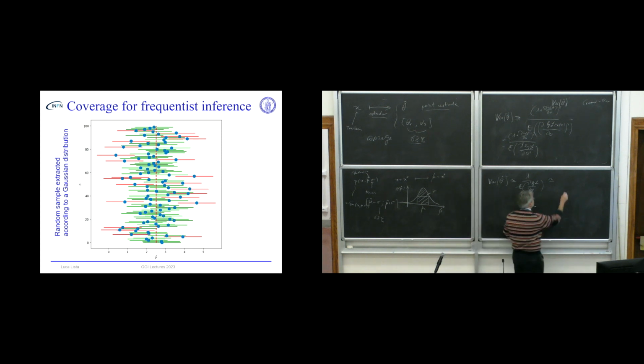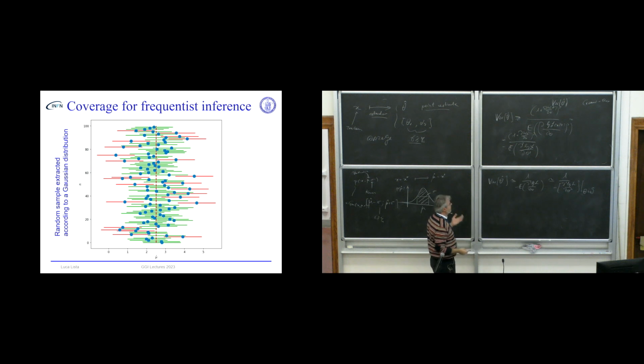So it's 1 over minus the second derivative of the logarithm of the likelihood computed for theta equal to theta hat. This gives a formula which is very frequently used.